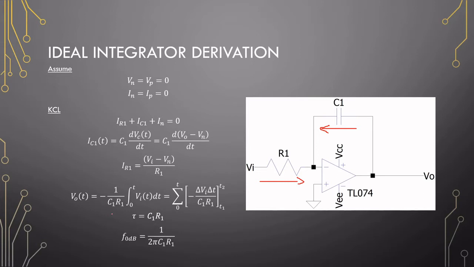In this case, we have 1 over the time constant, and since it's an inverting amplifier, the output is inverted. So 1 over the time constant is our gain, in inverted commas, for this integrator.